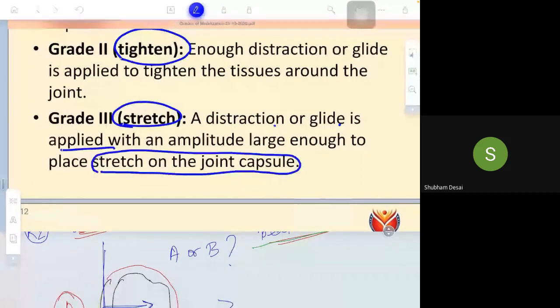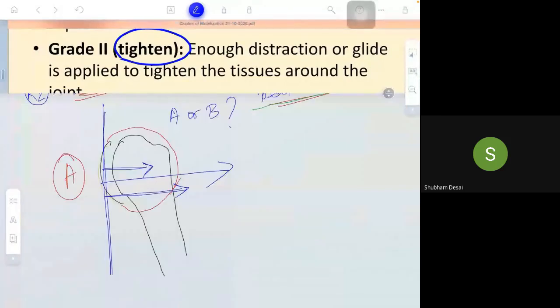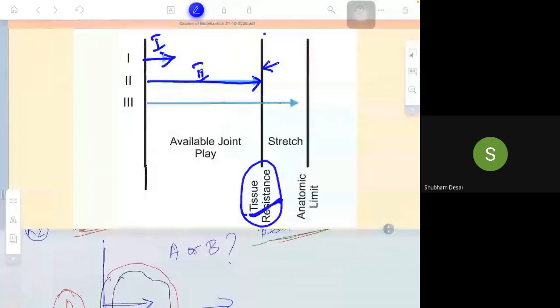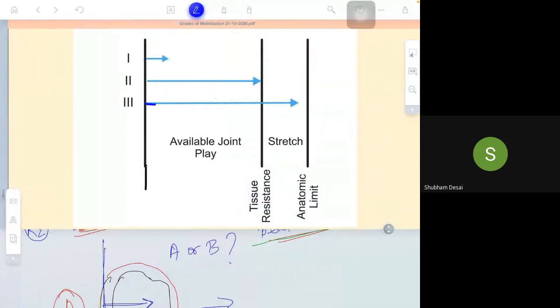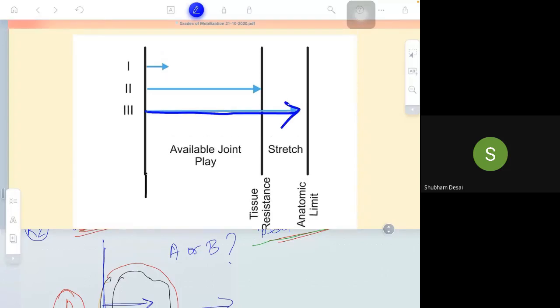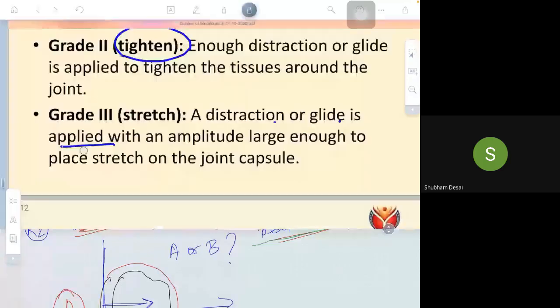So if you want to stretch the joint capsule, obviously you have to cross the limit. You have to cross the tissue resistance. So grade 3 is crossing the tissue resistance. Clear? That is why it is called stretch. Again, I'll read it: distraction or glide is applied with an amplitude large enough to place stretch on the joint capsule.